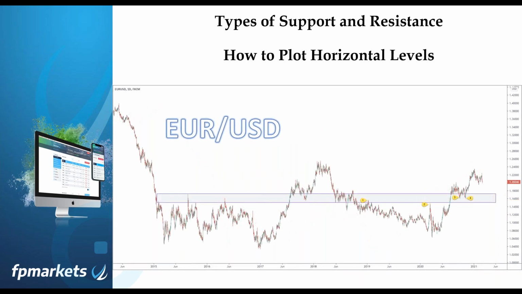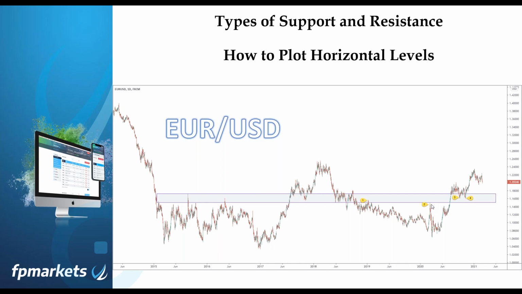The same can be said for a resistance area, right? Extending the same area used in the previous slide into the future helps provide a resistance structure to work with at points 1 and 2 when the support was breached.